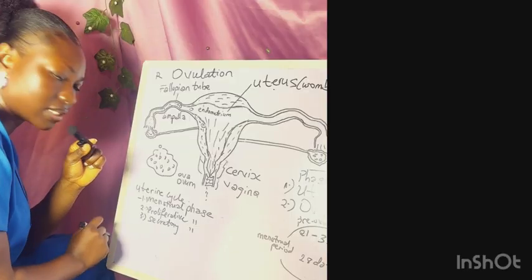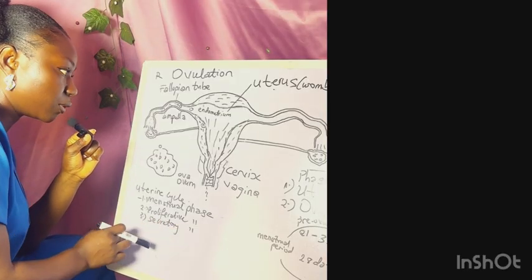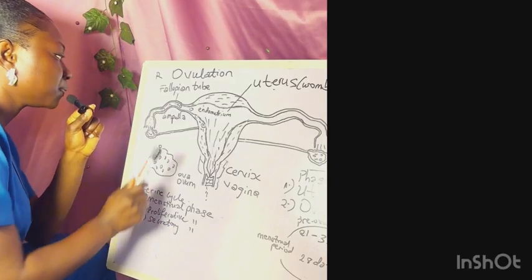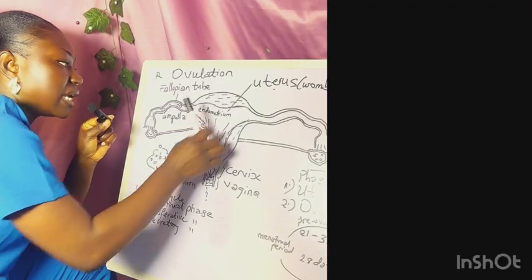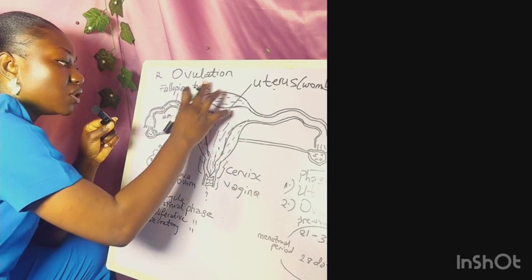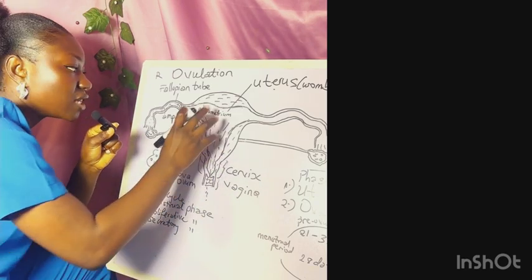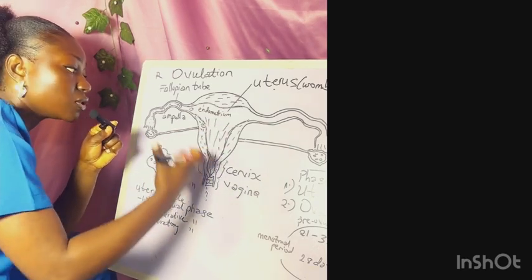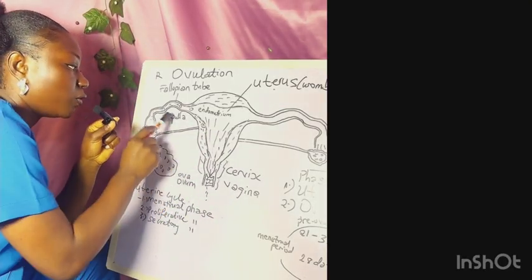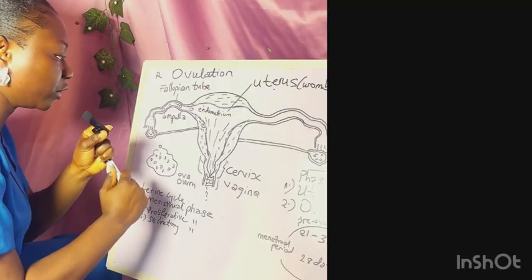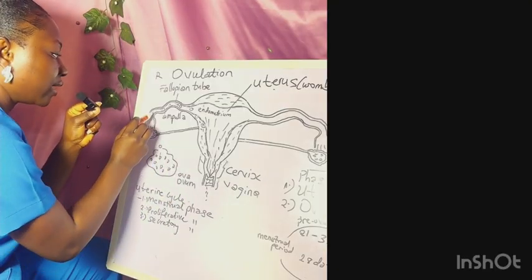Then the secretory phase of this menstrual cycle. Remember that we said after ovulation, this endometrial wall and the uterus as a whole has to undergo changes that will support the growth of this baby. So now I'm going to take us back to ovulation. I said that during ovulation, egg is being released and it goes.